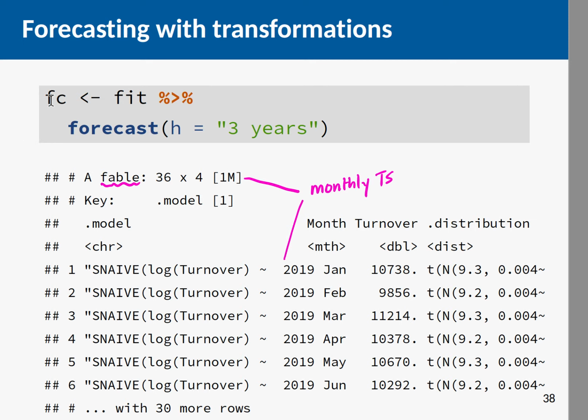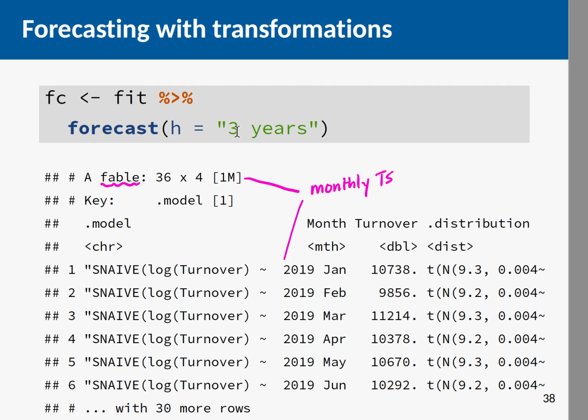We can then create our forecasts. So we can use the model S-naive, which is contained in fit, to produce a forecast using the forecast command. And H here is our forecast horizon. So we can say H equals 3 years, or H equals 36.